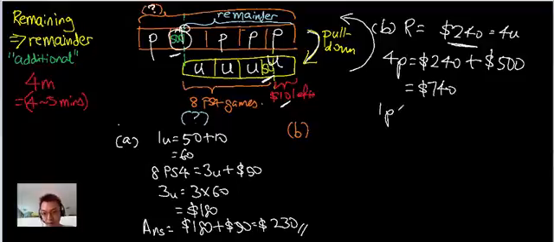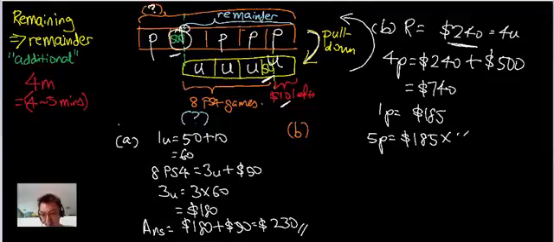Then one part is actually equals to 185. Just divide by 4. So to find the salary is 5 parts, which is 185 times 5, which is $925. And this is your answer.